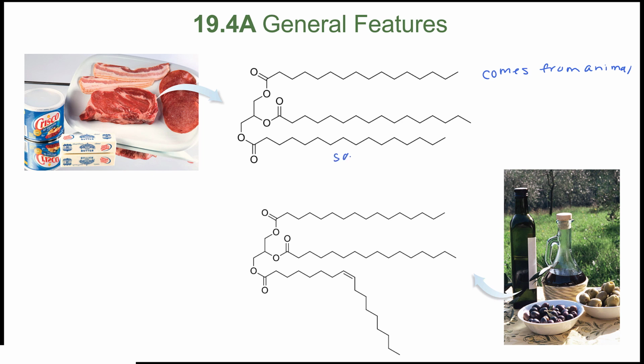So this is a saturated triacylglycerol. So they come from animal products and they have higher melting points because they can pack together. And then more of the unsaturated fats come from plant products.